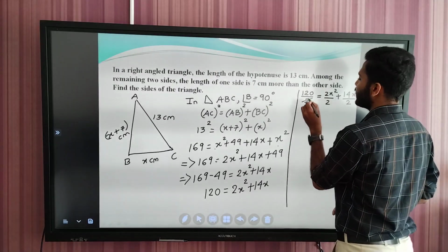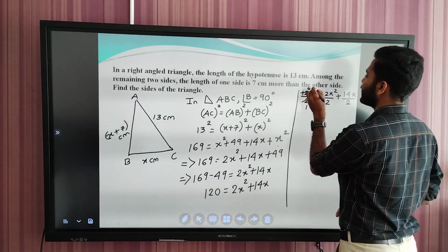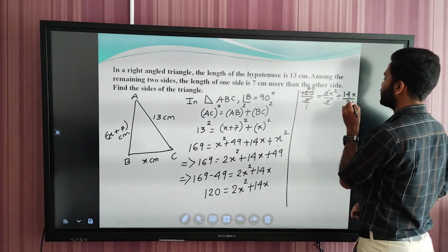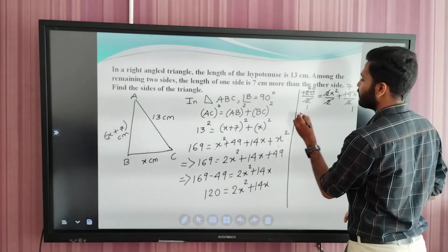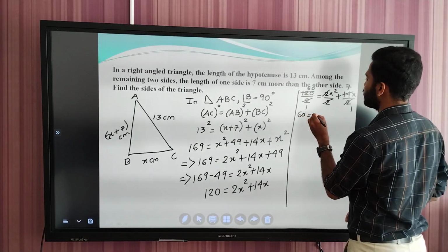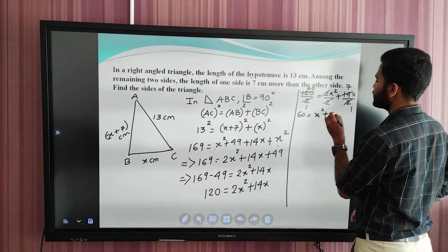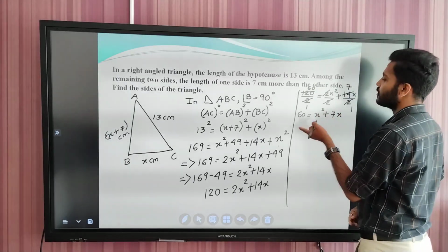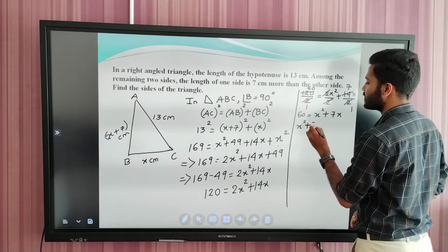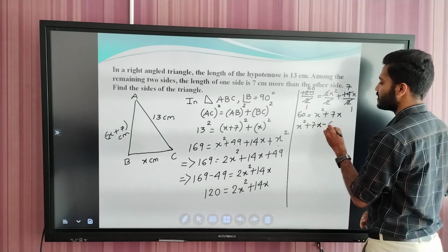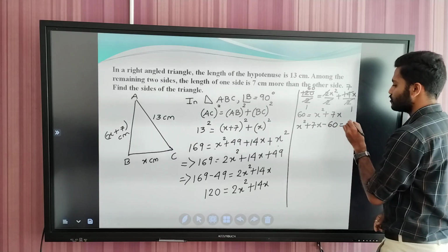So 2 1 times, 2 60 times. 2 gets cancelled, 2 1 times, 2 7 times. So now I am having 60 is equal to x square plus 7x. You take 60 on the other side. So now we are having x square plus 7x minus 60 is equal to 0.